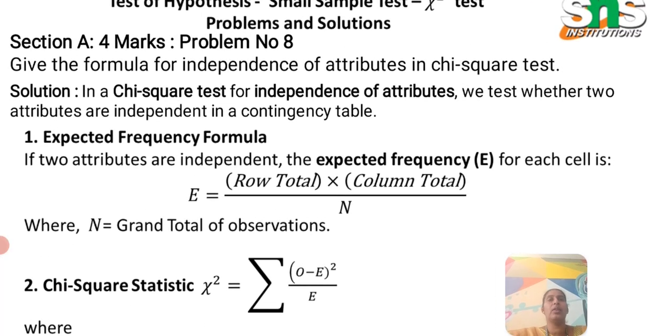And how to calculate using the independence of attributes: in the Chi-square test for independent attributes, we test whether the two attributes are independent in a contingency table.